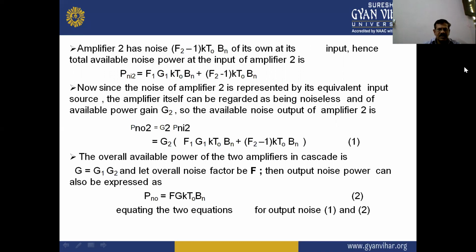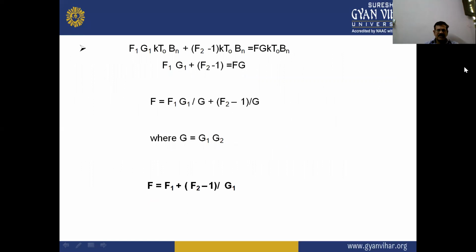So the noise power will be F1 G1 k T0 Bn plus (F2 minus 1) k T0 Bn. And the overall available power gain of the two amplifiers in cascade is G equal to G1 G2, and let the overall noise factor be F. Then the output noise power can also be expressed as Pno equal to F G k T0 Bn. Putting in the values, lastly we express the noise figure by the formula F equal to F1 plus (F2 minus 1) upon G1.